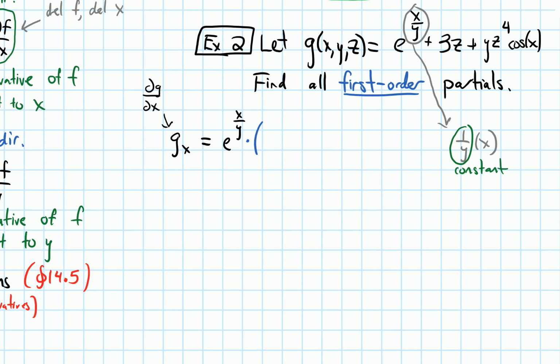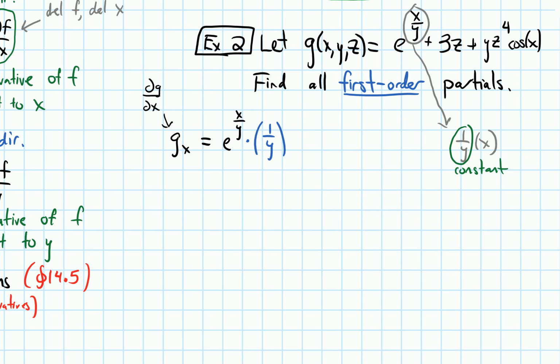And if I do that, I don't need quotient rule for this derivative. The derivative of x is just 1, and then that constant should just stay there in front. So I'll just get 1 over y. That's the derivative of x over y when I'm taking the partial derivative with respect to x.